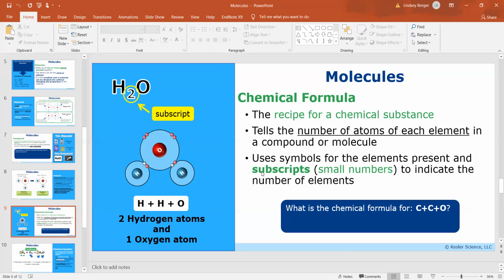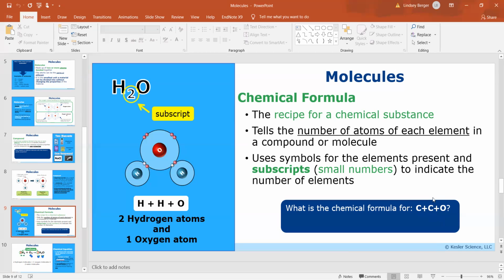So if you're not familiar, sub means below. So that's why we put it down a little bit. So if you see down here, we've got a C plus a C plus an O. So take a second and think, what is C plus C plus O? What does that mean?